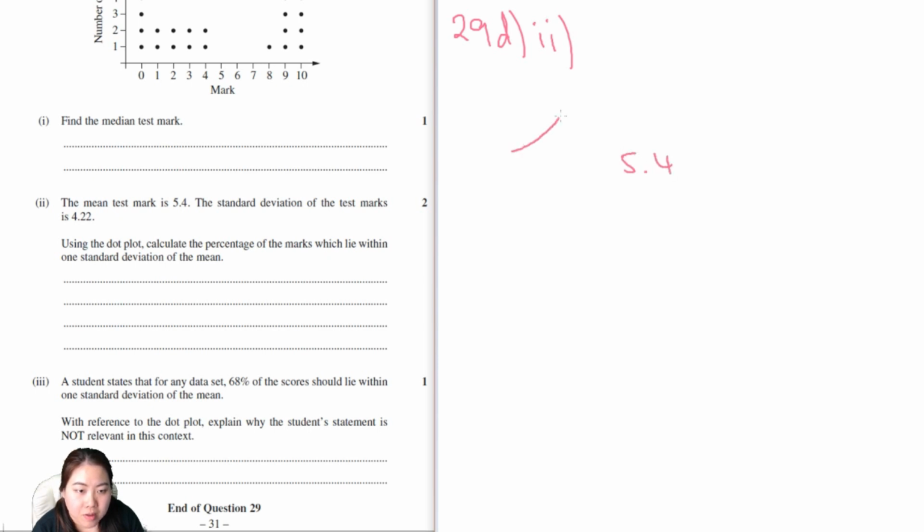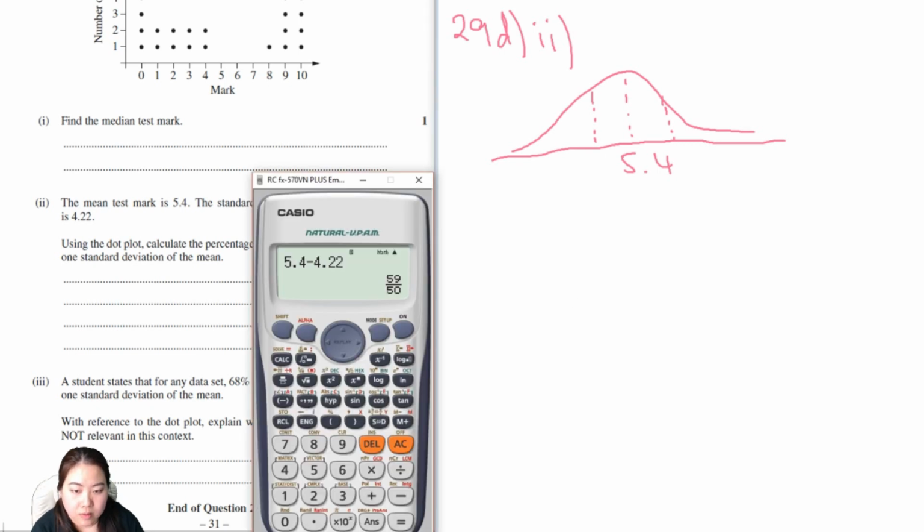So if we have a bell curve, it's a terrible bell curve, but you get the point. The average would be 5.4. 1 standard deviation below and 1 standard deviation above would be 4.22 away from 5.4. 1 standard deviation below would be 1.18.